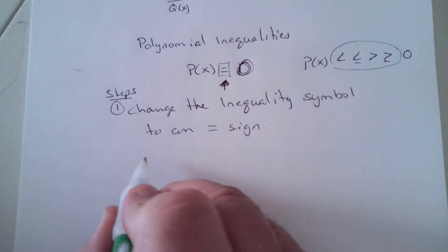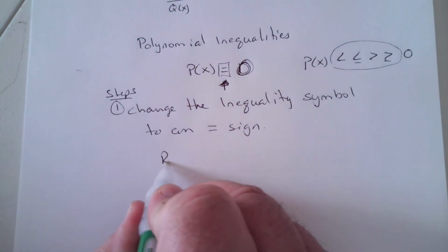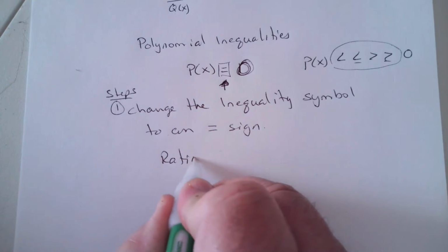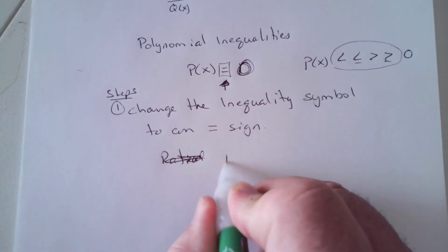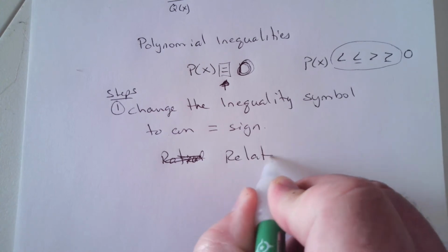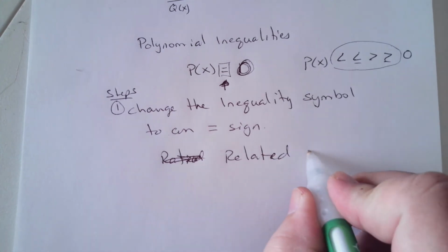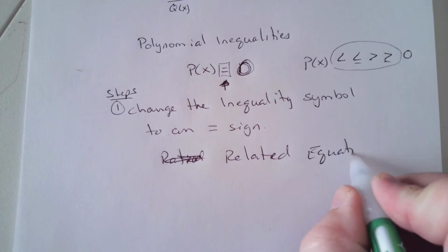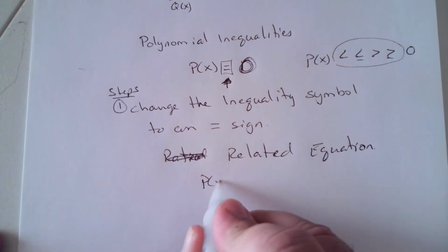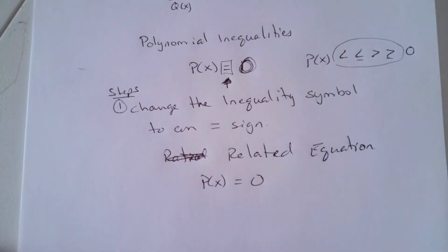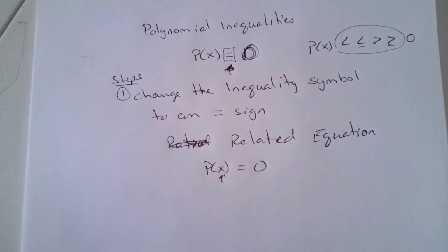When you do that, that's called a related equation, or a relational equation. What that means is one side is related to the other side based on a specific value x, or a series of x's.